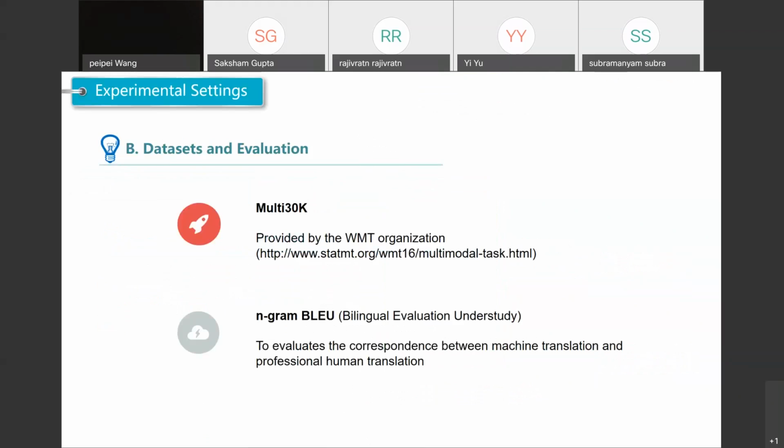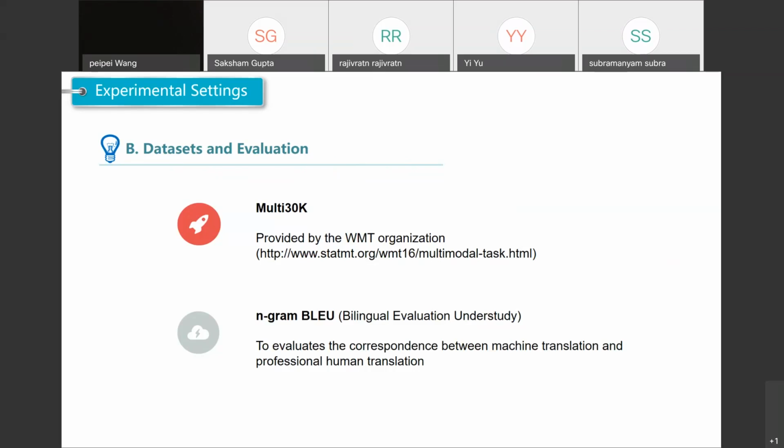Our systems are trained and tested with the Multi30K datasets provided by the Workshop on Machine Translation organization in 2016. These datasets consist of 30K parallel sentences for training, 1,000 for validation, and 1,000 for the test set.